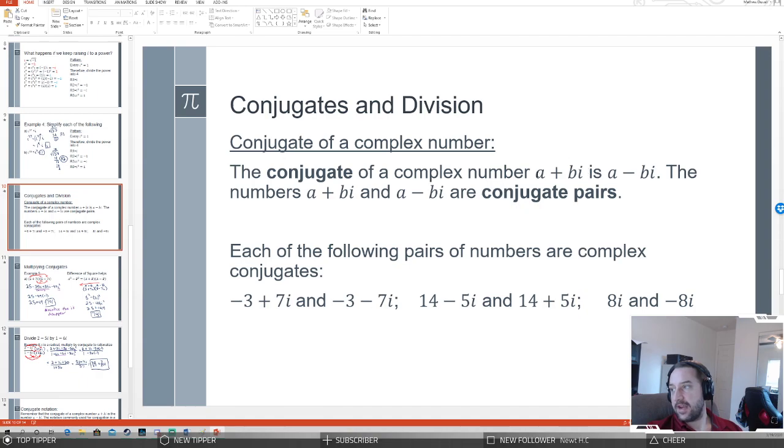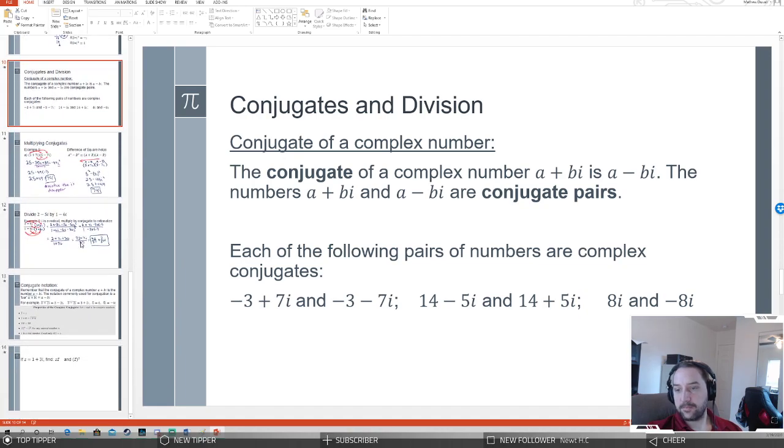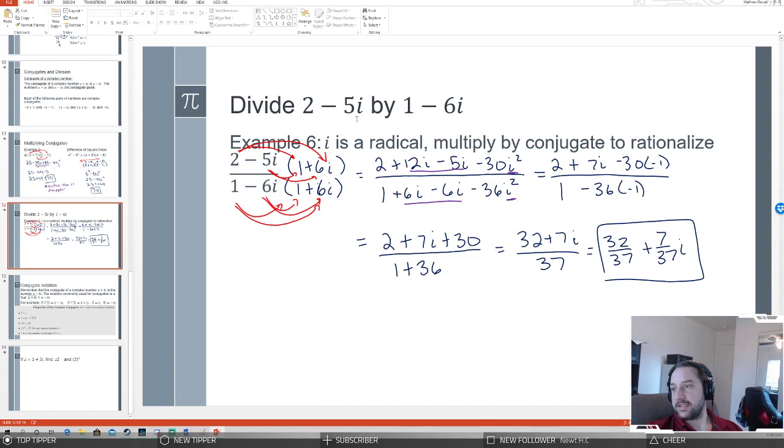If you have an a plus bi, then a minus bi is the conjugate. The a is the same, the bi is the same, it's just that the plus and the minus is what changes, and we call those conjugate pairs. So I threw some examples down there on some of the conjugates.